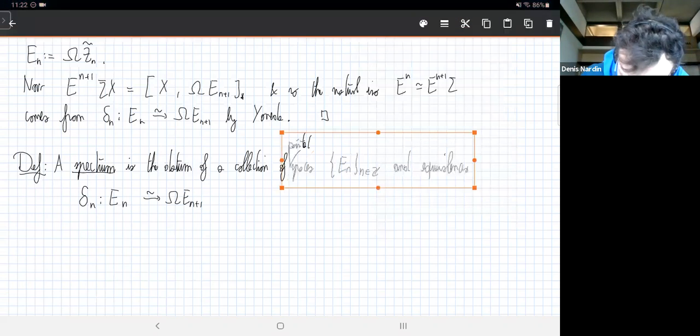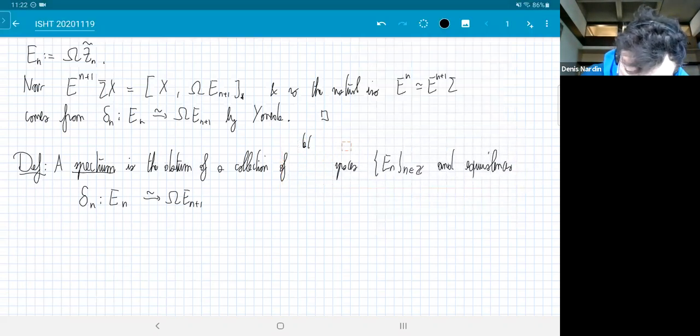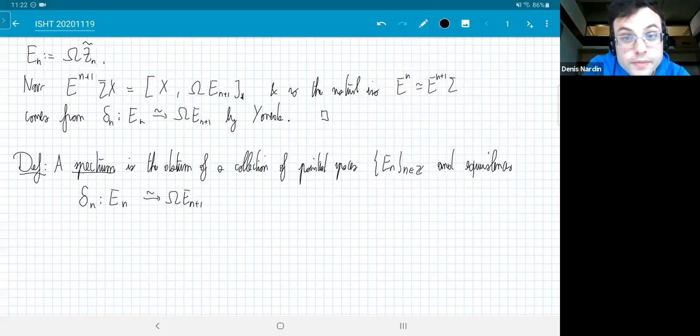So the representability theorem is essentially saying that every cohomology theory is associated to a spectrum.